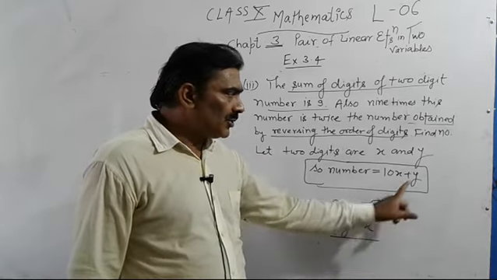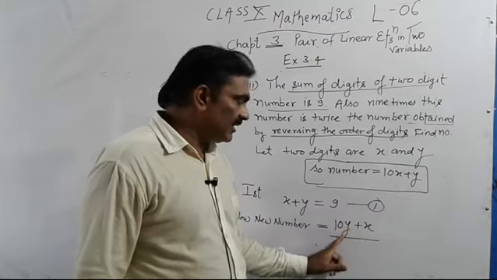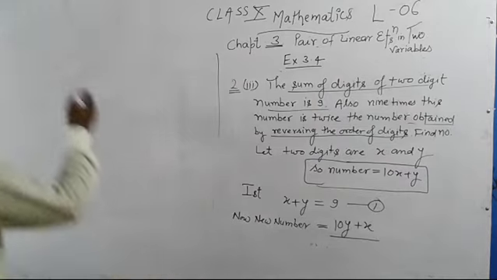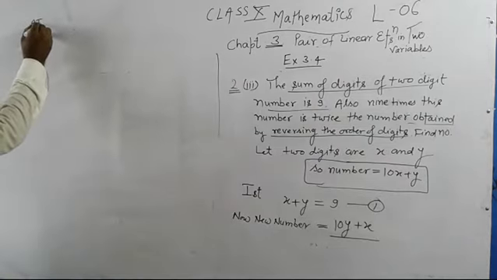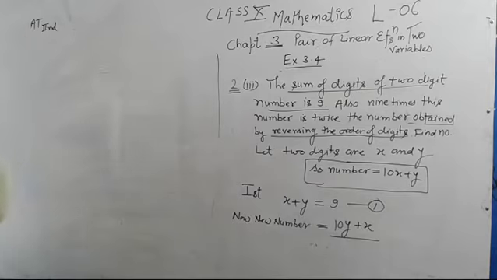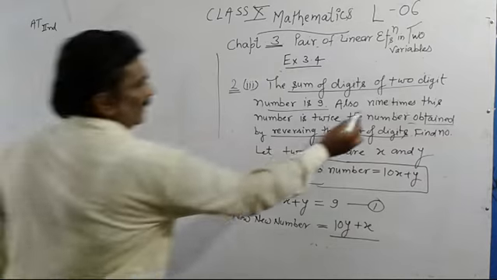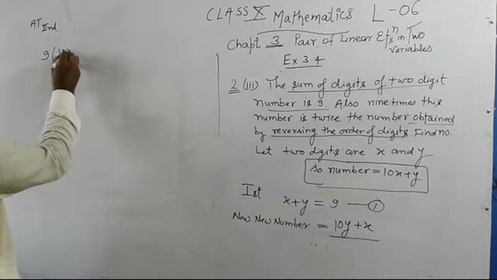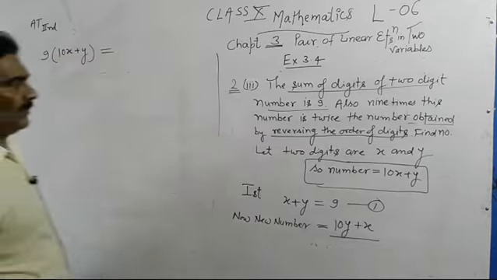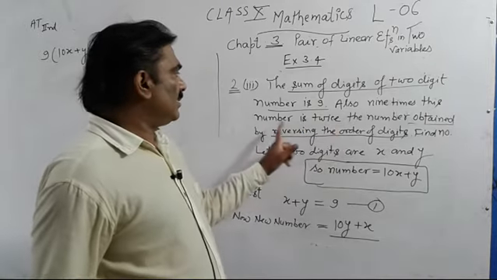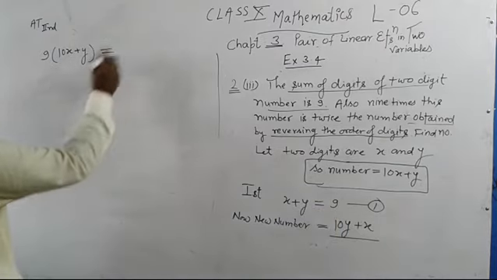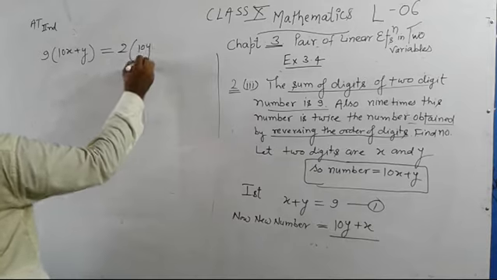Means the number which was at unit place went to 10th place, and the number which was at 10th place went to unit place. Now according to the second condition, the second condition says that 9 times this number, means 9 into our initial number 10x plus y, is equal to 2 times the new number 10y plus x.